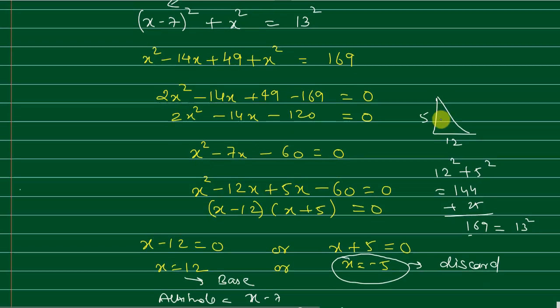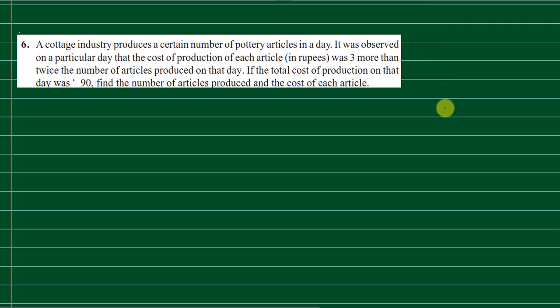Okay, so now let's move to the next question, the last question of this exercise. Question is, a cottage industry produces a certain number of pottery articles in a day. It was observed that on a particular day the cost of production of each article was 3 more than twice the number of articles produced on that day.